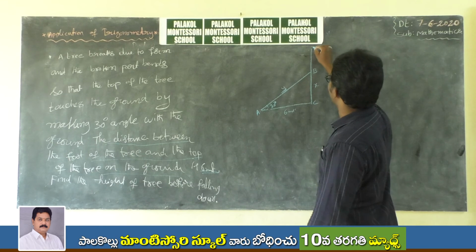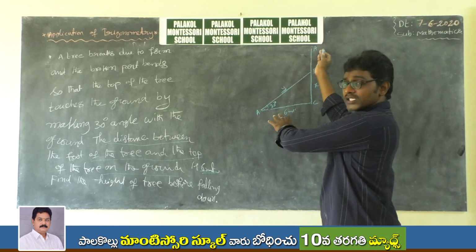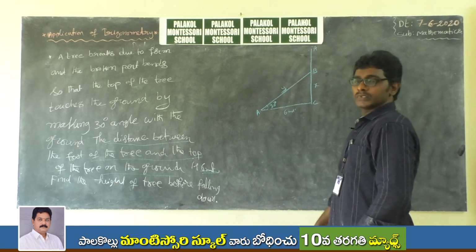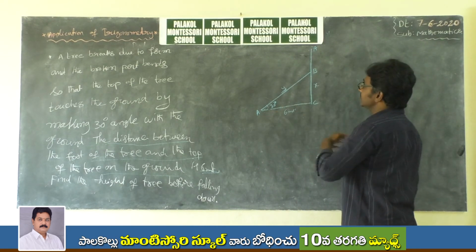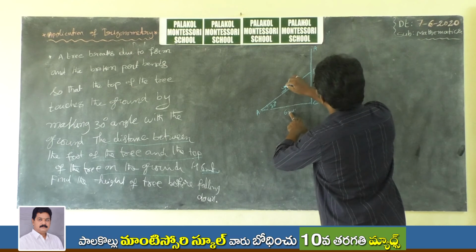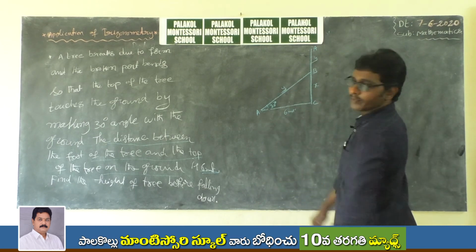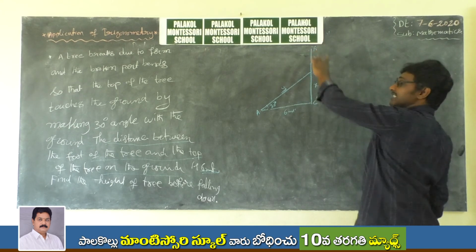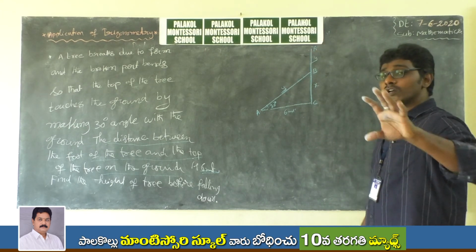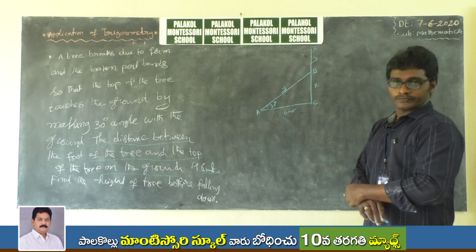This A has fallen down right here. I want AC, the total height of the tree before falling down.